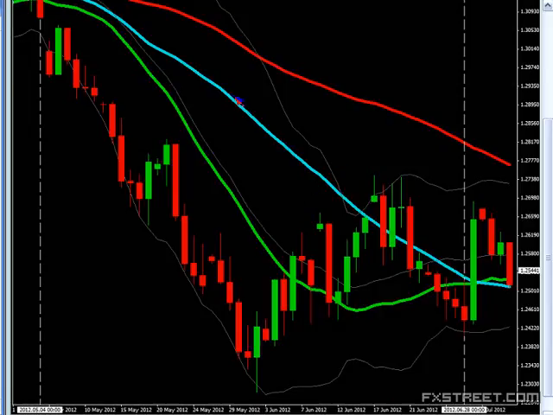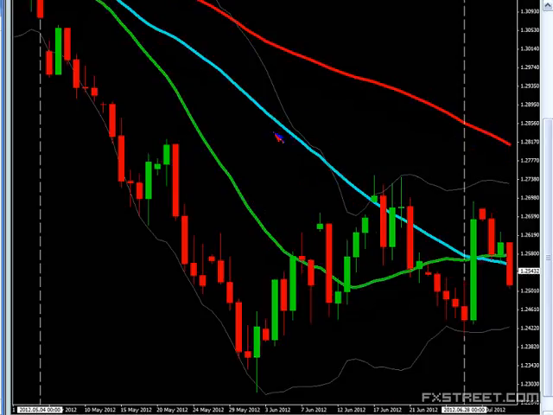It should be calculated to the close. That's why they should match up. You see? It was calculated to the low. I don't know why it was like that. I don't remember doing that. But the simple moving average, which is the green line, the 20 SMA, should match the Bollinger Bands. I was using a simple moving average, but it was calculated to the low of every candlestick. I don't know why I had set it that way.